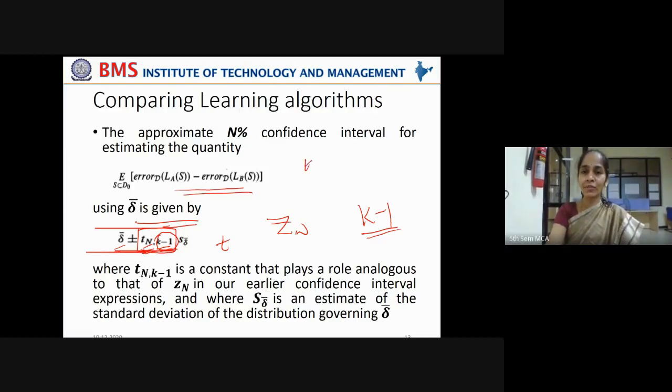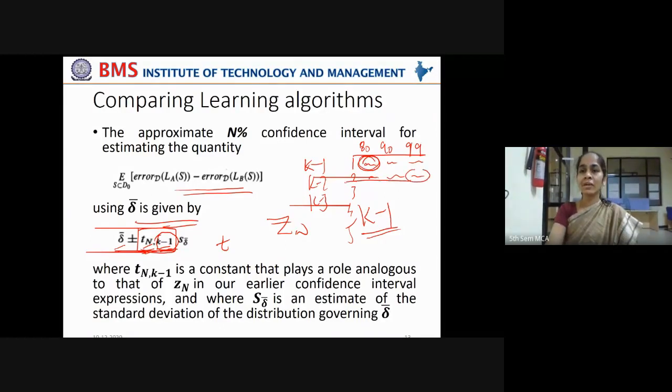All the degrees of freedom, k minus 1, k minus 2, k minus 3, or simply they will be given as numbers, degrees of freedom 1, 2, 3, 4, 5, at confidence intervals 80%, 90%, 99%. You will have certain values. These are called T values. Now at 80% confidence interval and 1 degree of freedom, what is the T value? At 99% confidence interval, at 2 degrees of freedom, what is the T value?